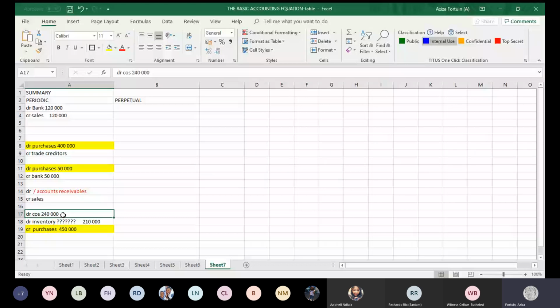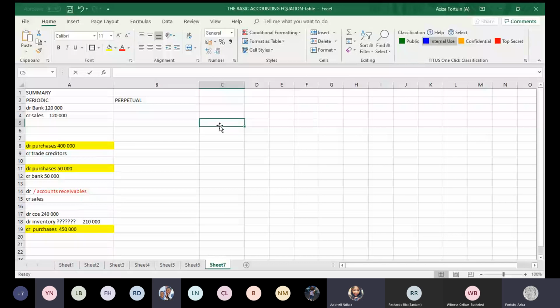Hold on, that is not it. Okay, there's your cost of sales. Your opening balance. Remember the exercise that we did the other day? Opening balances plus my purchases, less my closing inventory.